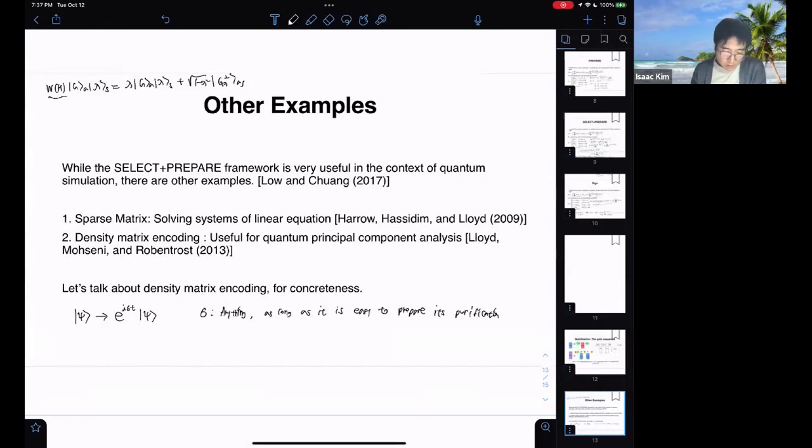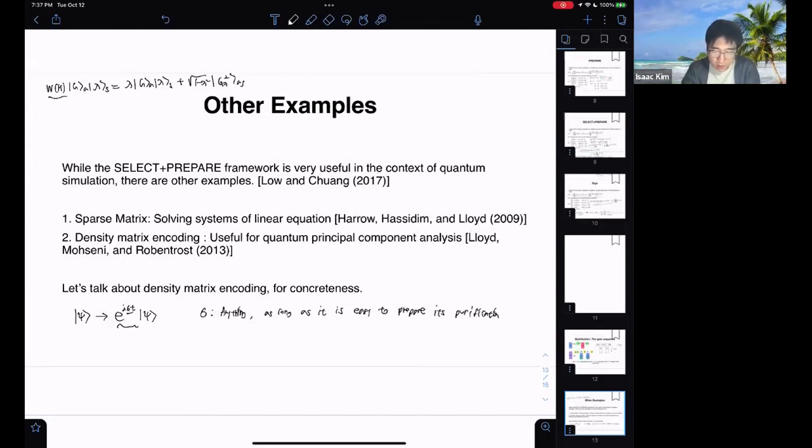Okay, and this looks like a very strange thing. I mean, a density matrix is not really a local Hamiltonian. Think of sigma as maybe the Gibbs state of some locally interacting Hamiltonian. In that case, this would be like an exponential of some locally interacting Hamiltonian.